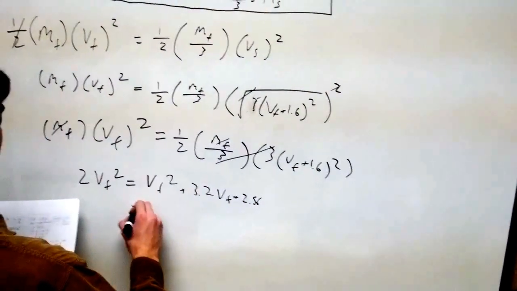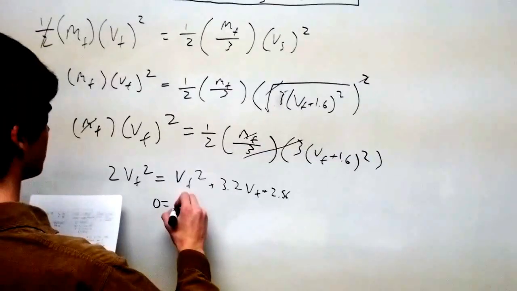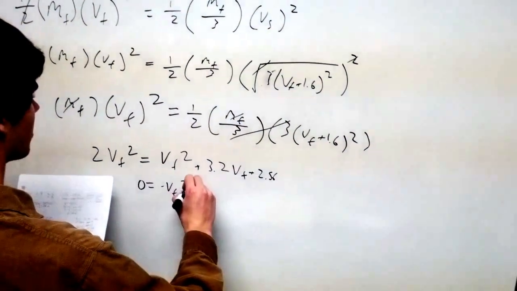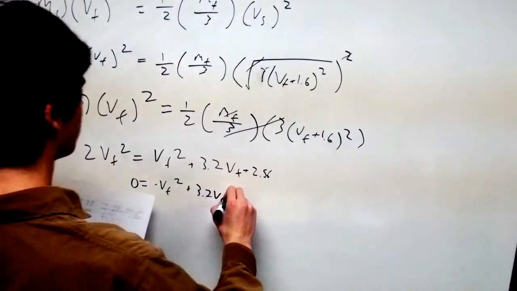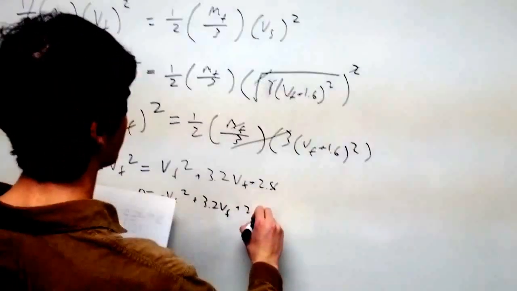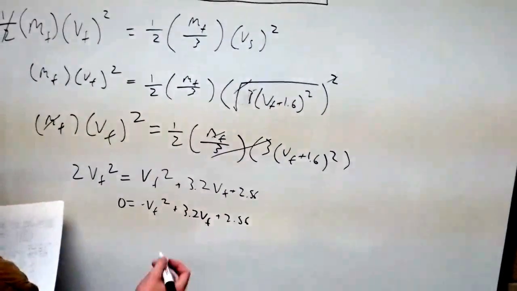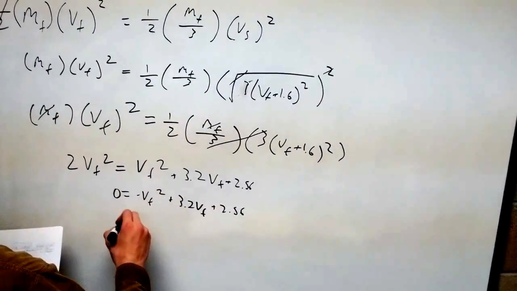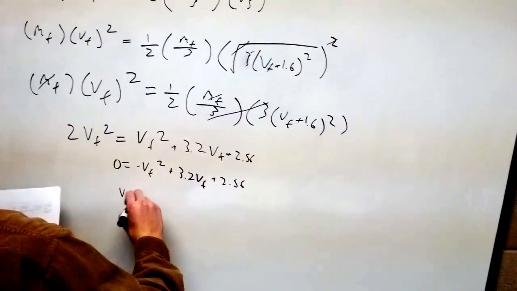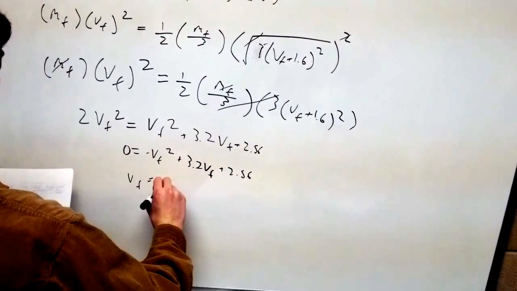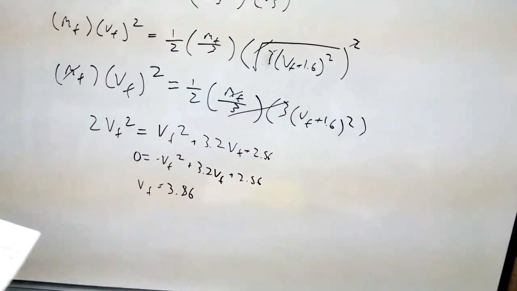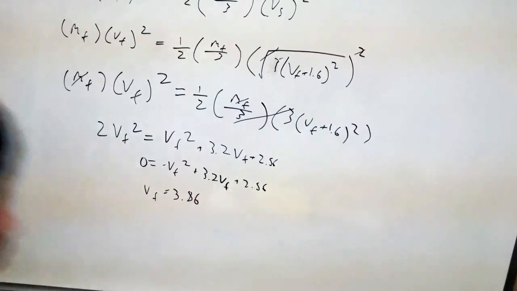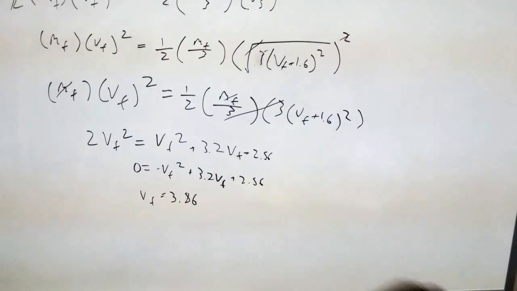Simplifying that, we have 0 equals negative VF squared plus 3.2 VF plus 2.56. And if we solve that for VF, we get that VF equals 3.86. So that's the velocity of the father, which is part A. It's 3.86 meters per second.